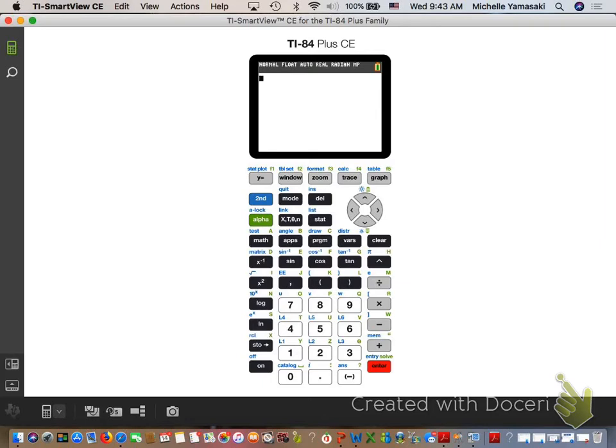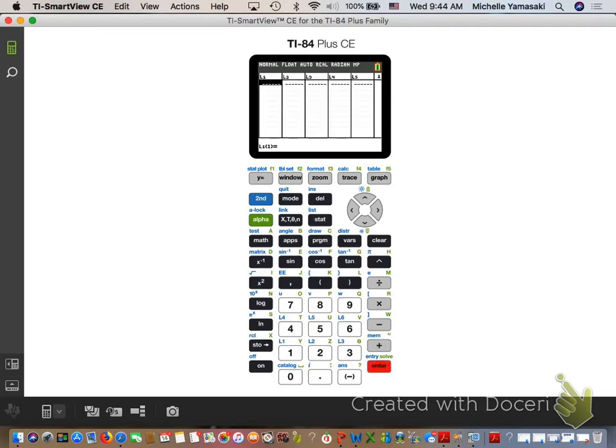The first thing you're going to do is clear it. Now, we're going to put our data into a table. Everybody's going to hit stat. It's already on edit, so we're going to hit enter.